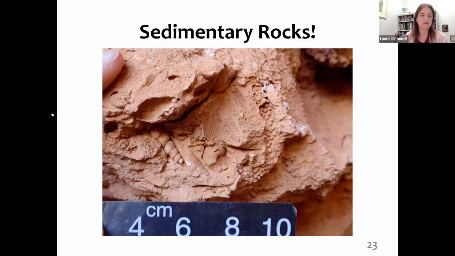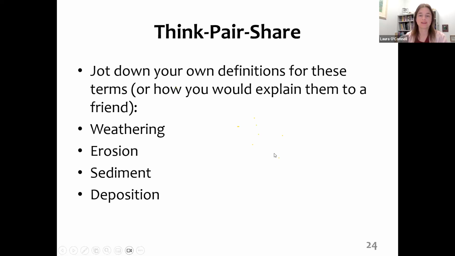Okay, very cool. Alrighty, so I'm going to share with you some information about sedimentary rocks. First of all, if I was giving this lecture in person, I would have the students meet up and try to stumble through writing definitions for these things.